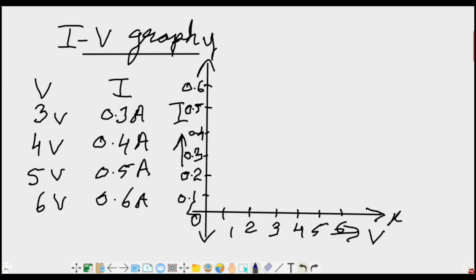Now students, same way let's discuss the IV graph. I have taken it in reverse. Now I will be on the y axis and V will be on the x axis. Same way you have to plot the points.